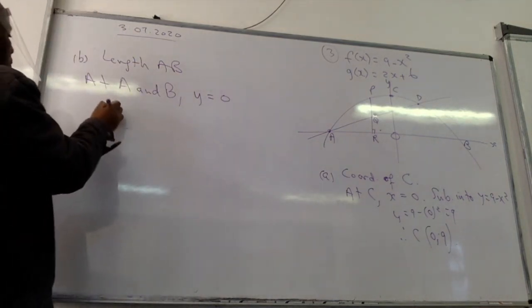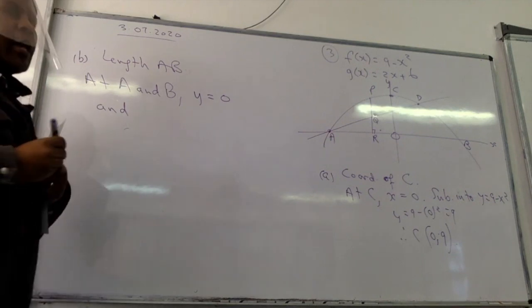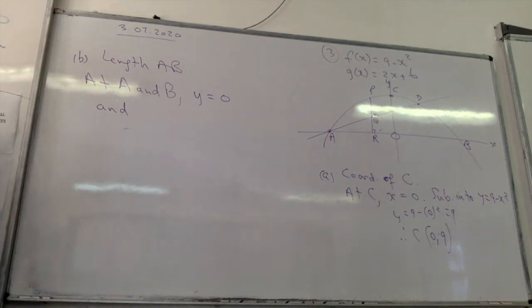But also, where are these 2 points? Where is A and where is B? They are on the x-axis, but that is not all. Where else are they? A is negative and B is positive.